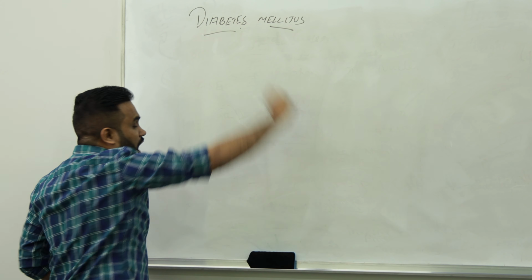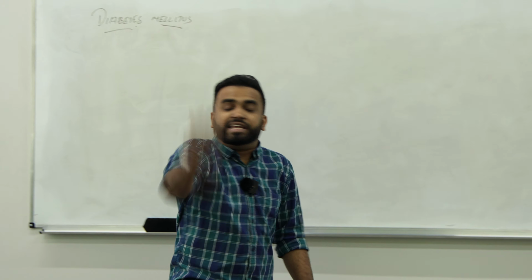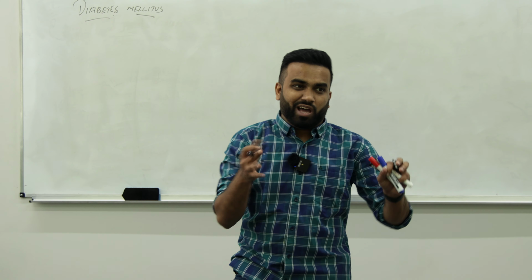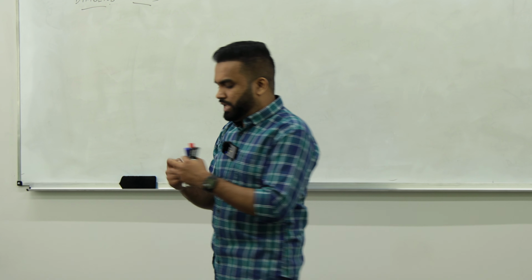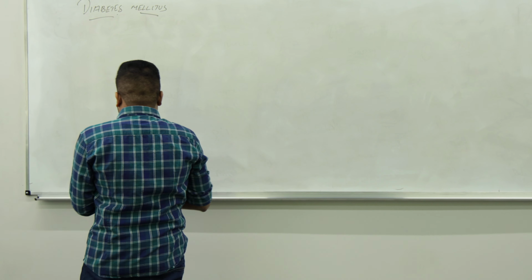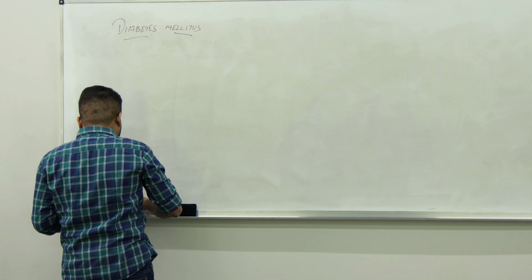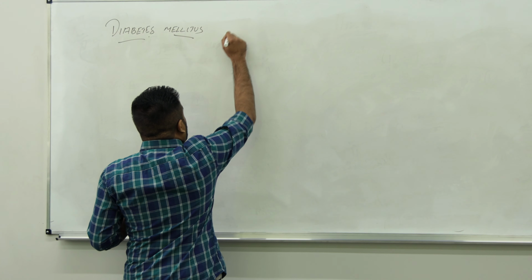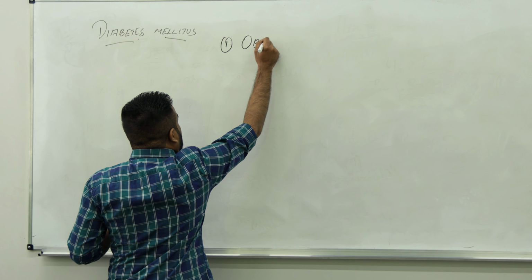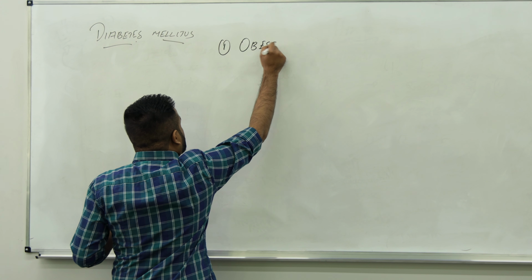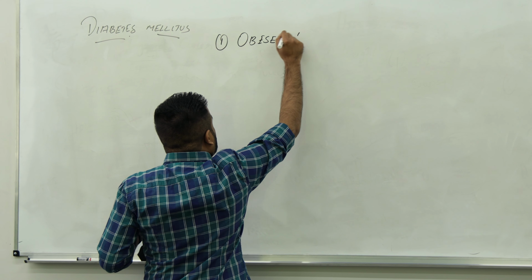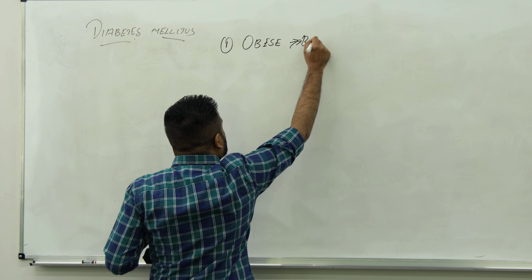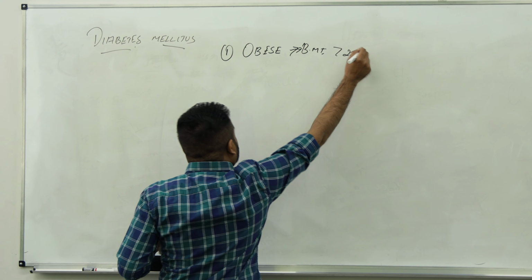Tell me, when will you screen a patient, when you are suspecting he can be diabetic, right? Those who are at high risk to have diabetes. First, if the patient is obese, screen them. That means he has a body mass index more than 25.